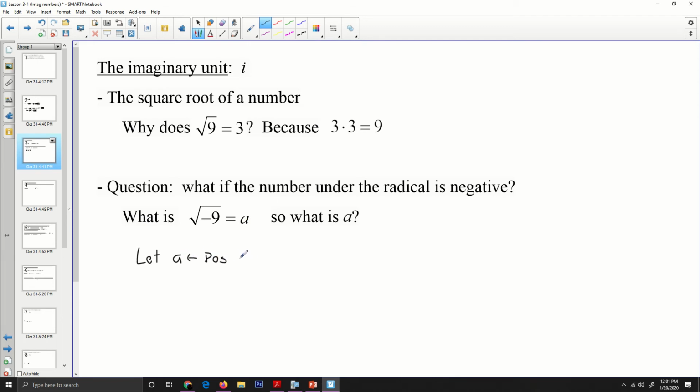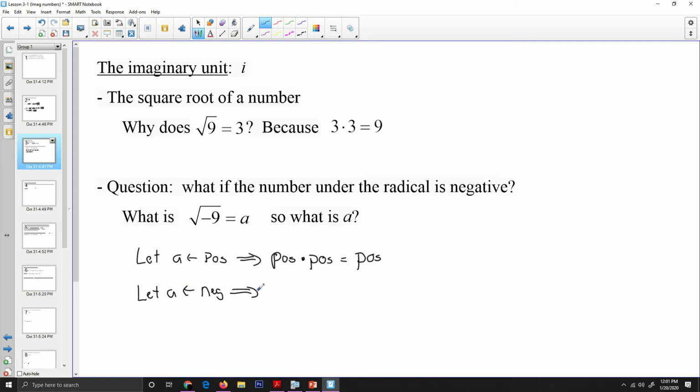Well, we know that a positive times a positive is a positive. So a times a being a positive number, I won't get this negative 9. What happens if we let a be a negative?